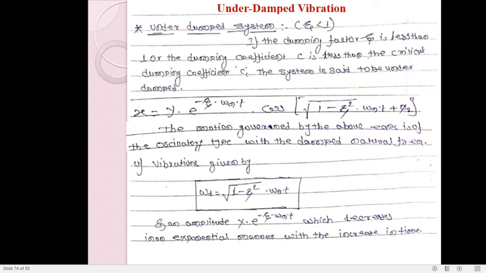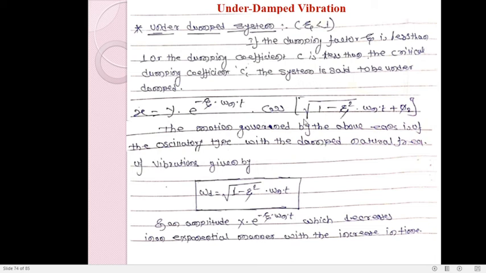So if we compare, we can say that this part of the equation is the displacement or amplitude of the underdamped or damped vibrations, and this part gives us the value of frequency.